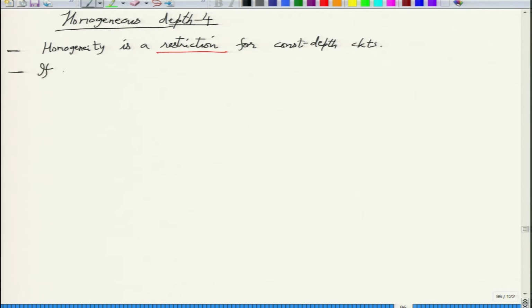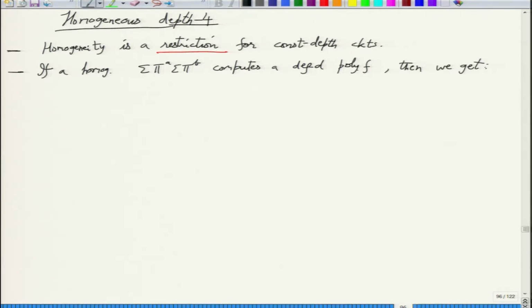So if a homogeneous sigma pi A, sigma pi B circuit computes a degree D polynomial f, then all we can deduce is that A and B are both less than or equal to D. We cannot claim anything better, right?